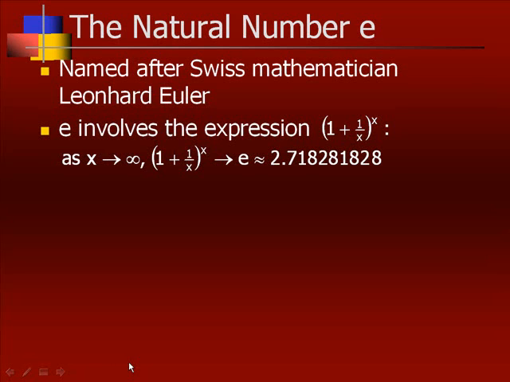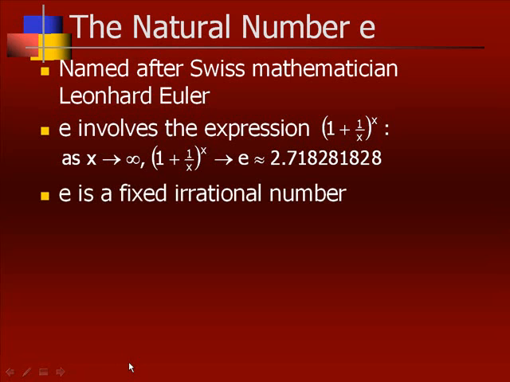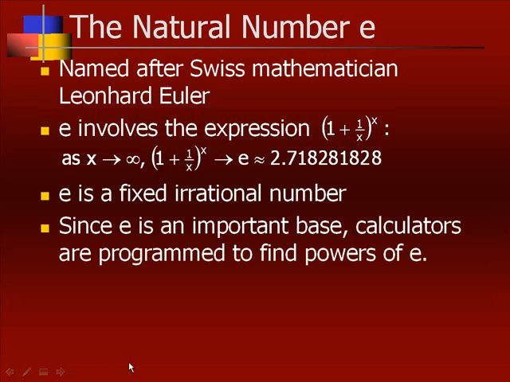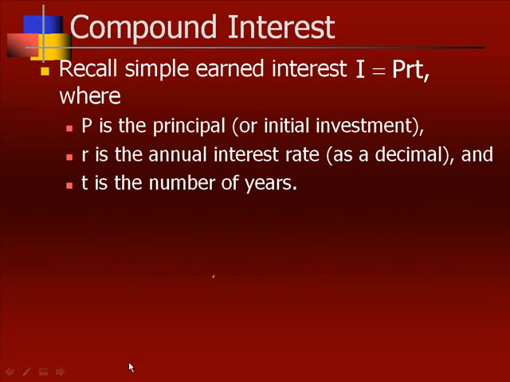So that's why we have e as a constant of 2.718. E is an irrational number. It never ends, it never repeats, and unlike most variables, e is fixed. It will never change. Now, since e is an important base, calculators are programmed to find powers of e.